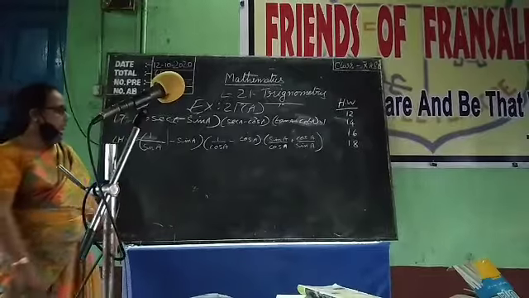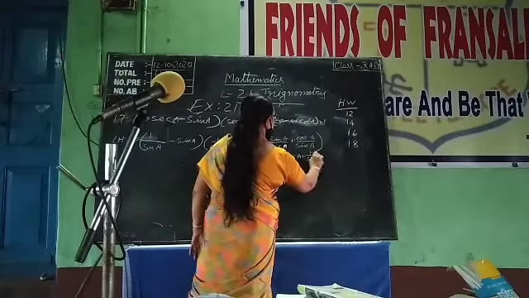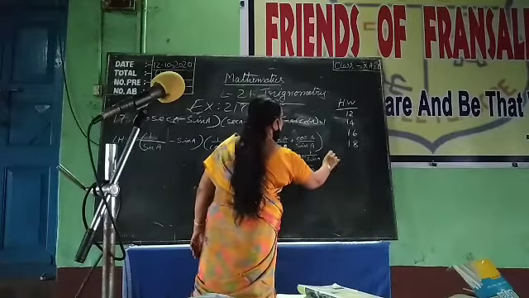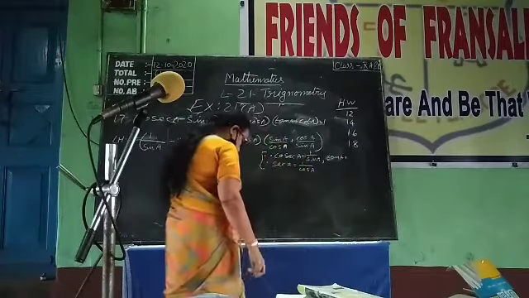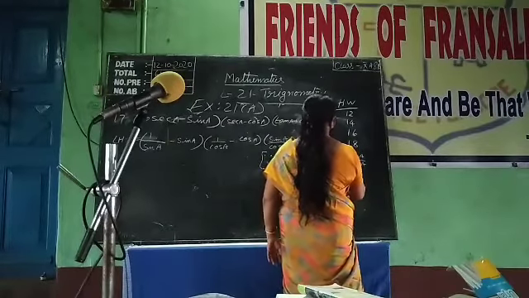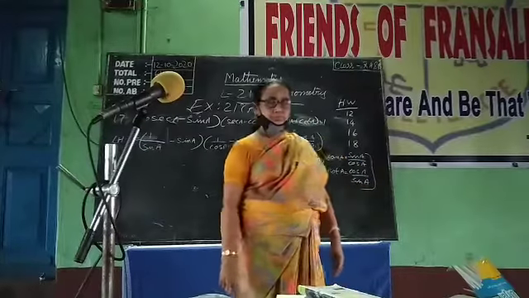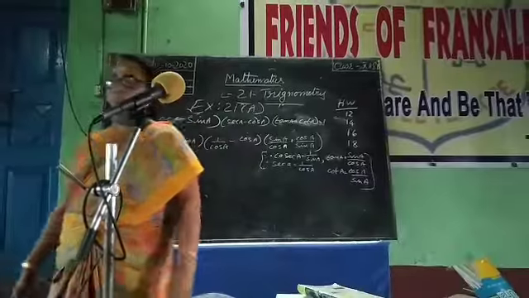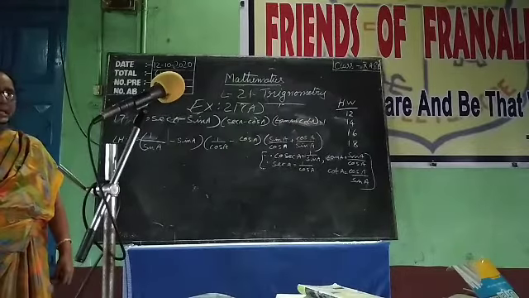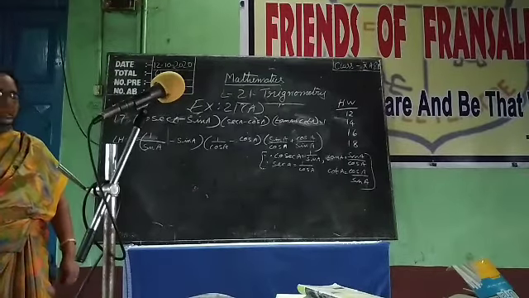Write the reason: since cosec A is equal to 1 by sin A, sec A is equal to 1 by cos A, tan A is equal to sin A by cos A, and cot A is equal to cos A by sin A. All those points we have read here.